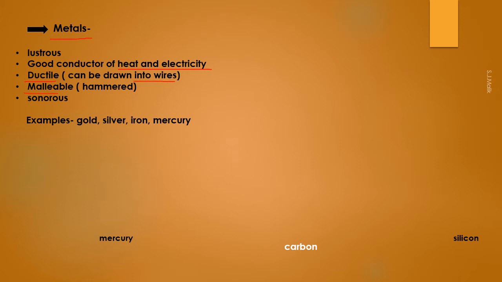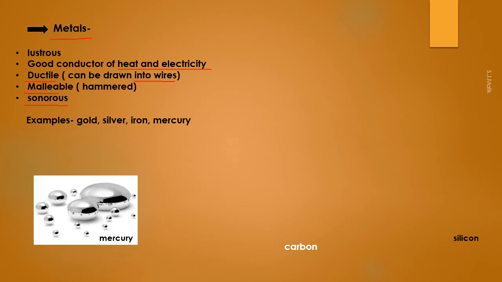Metals are malleable means they can be hammered, उसको बारीक शीट में कन्वर्ट किया जा सकता है. And metals are sonorous, वो एक रिंगिंग साउंड प्रोड्यूस करती हैं. Examples of metals are gold, silver, iron, mercury. This is mercury. At room temperature it is found in liquid state. Except mercury, all the metals are solid.